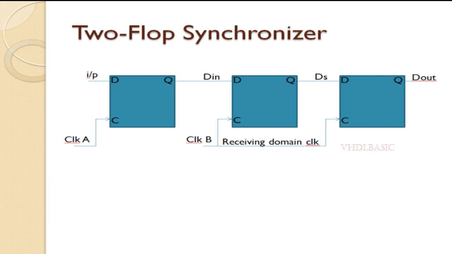These two flops are implemented using the receiving clock domain. And this D out we can use in our actual logic. After synchronization is done, we can use this D out in our next logic.